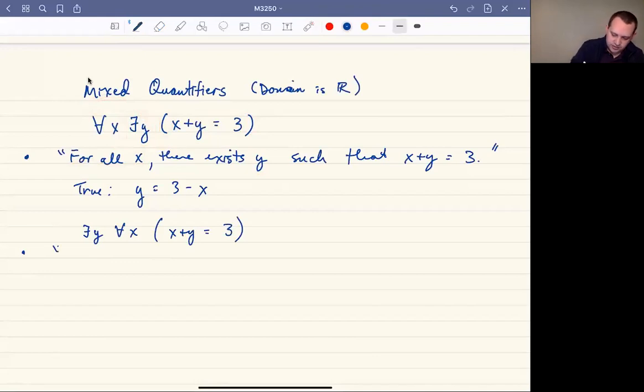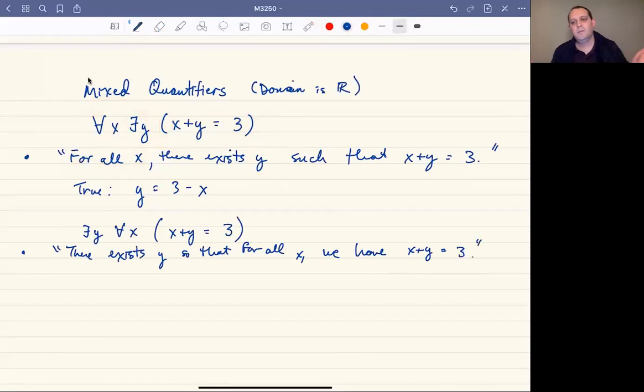Okay, so there exists a y so that for all x, we have x plus y equals 3.